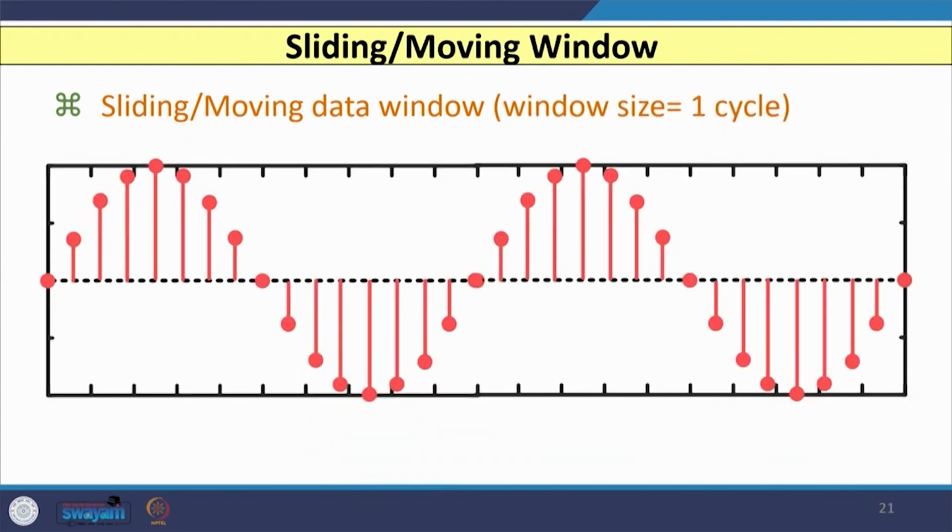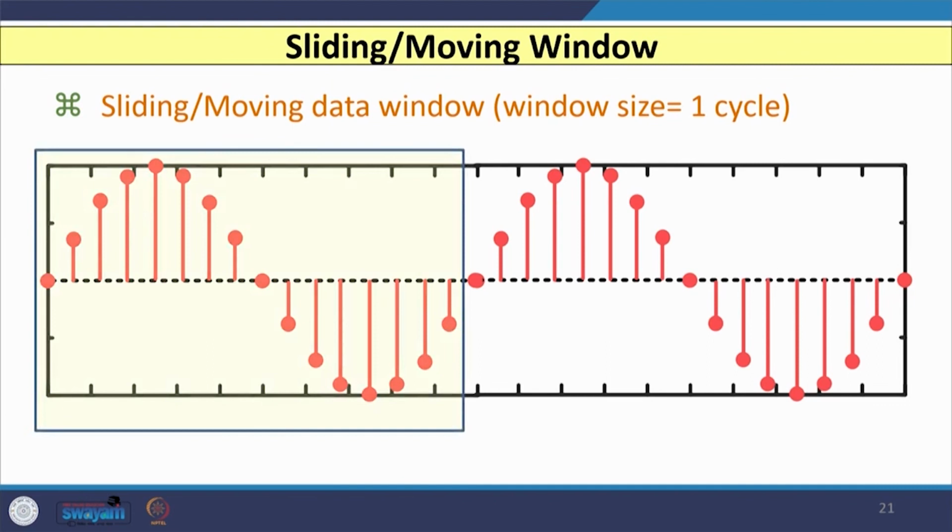Now, if I consider a window with a size of let us say 1 cycle, here 2 cycles are shown, but let us say 1 cycle. Then you can see this is one data window that contains the samples first, second, third, fourth, fifth, sixth, 7, 8, 9, 10, 11, 12, 13, 14, 15 and 16.